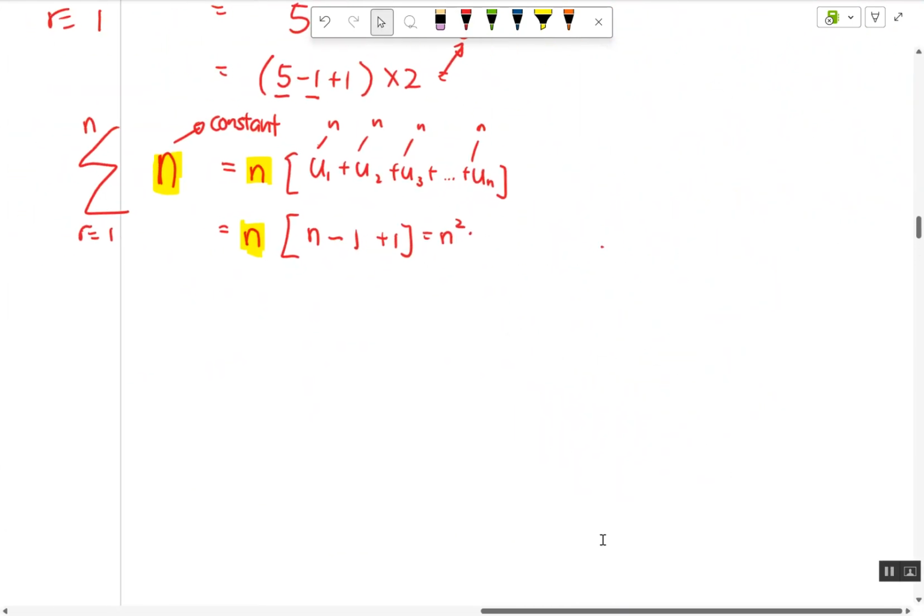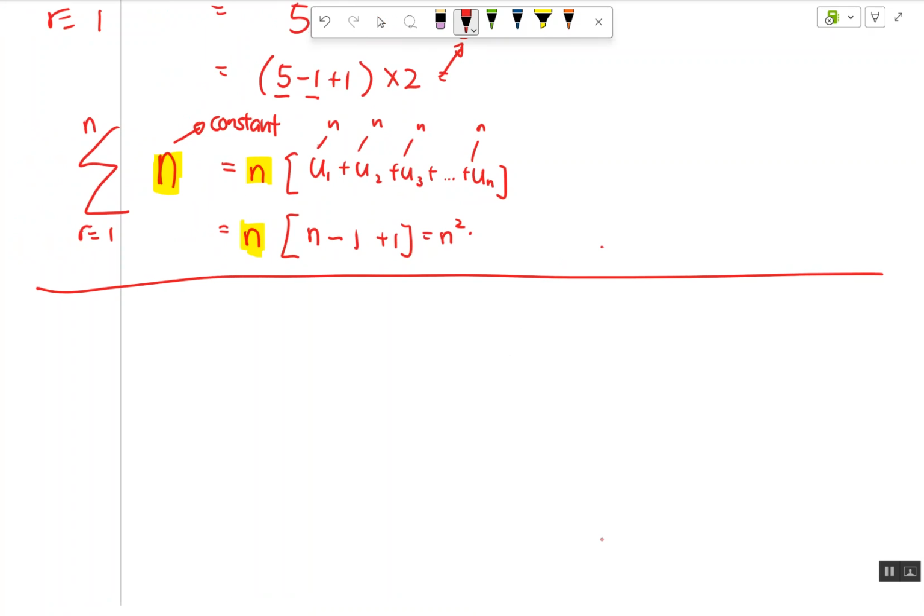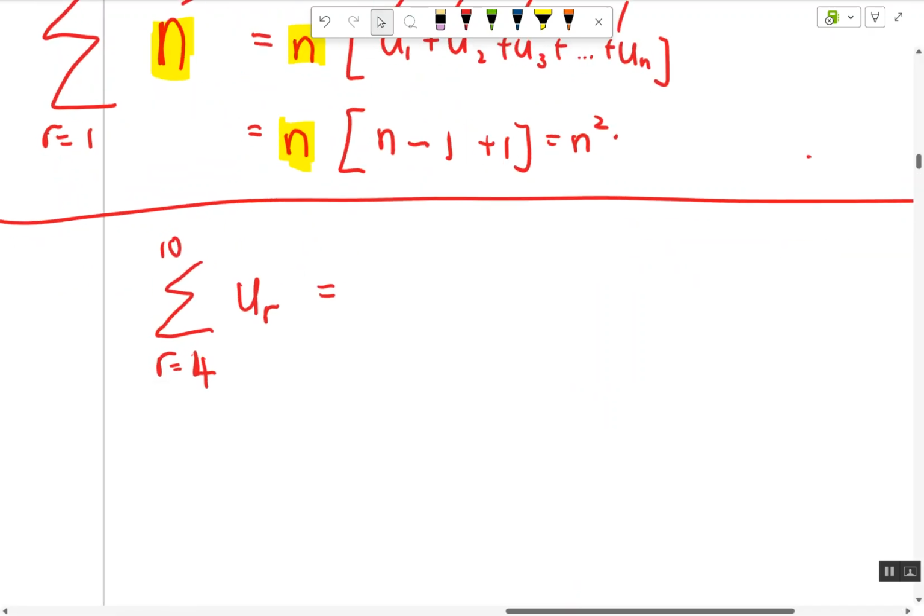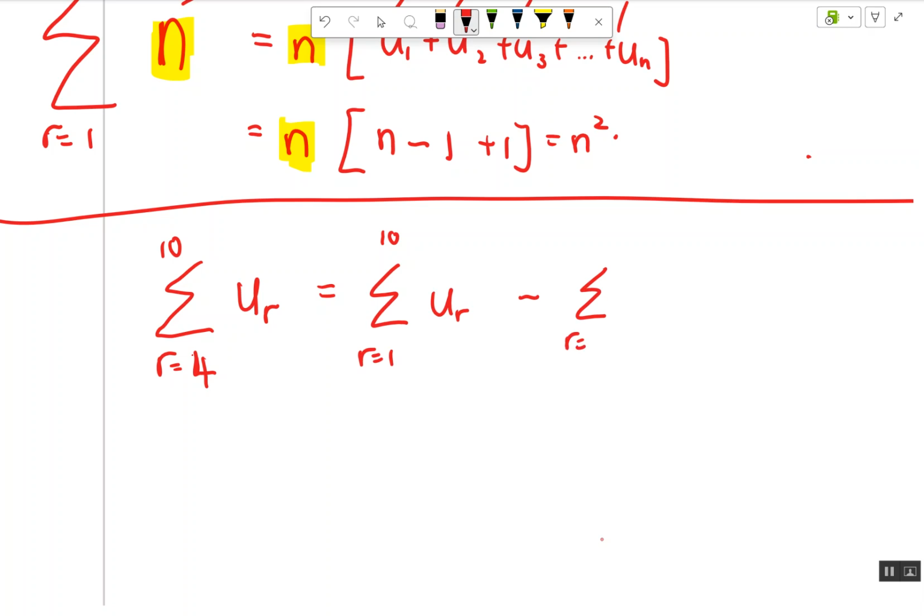Next, I'm going to talk about another property of the summation. Usually, like I said, the starting position is 1. If I don't start at 1, say from 4 to 10 of ur, the best way of doing this is always to try to start from 1. That means the sum from r equals 1 to 10 of ur, minus away the sum from r equals 1 to 3 of ur.